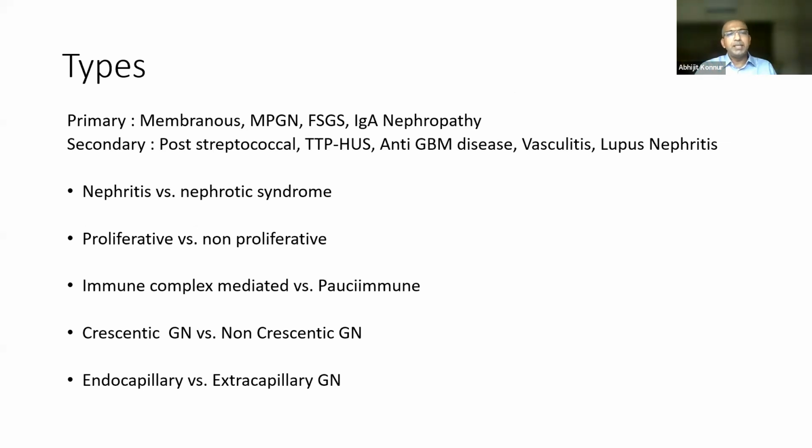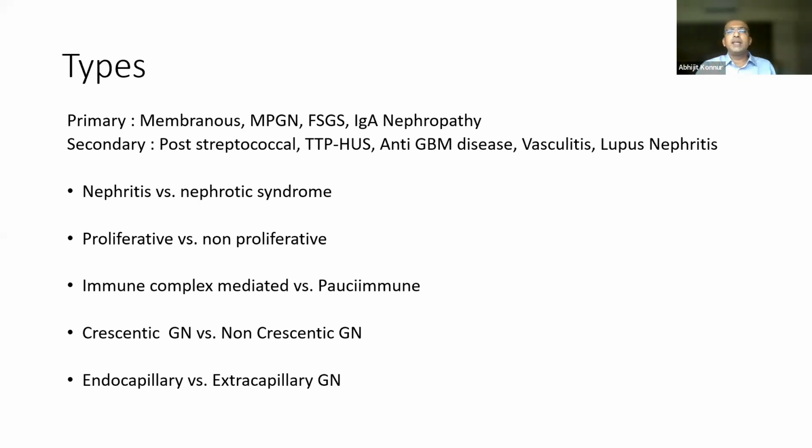Or secondary, meaning secondary to some disease which has occurred elsewhere in the body, like post-streptococcal glomerulonephritis, TTP-HUS, thrombotic microangiopathy syndromes, anti-GBM disease, which can involve the kidney and the lungs, vasculitis, which involves various parts of the body, and lupus nephritis, which, again, is a systemic disease, of which the kidney is an important part in 50% of the presentations.